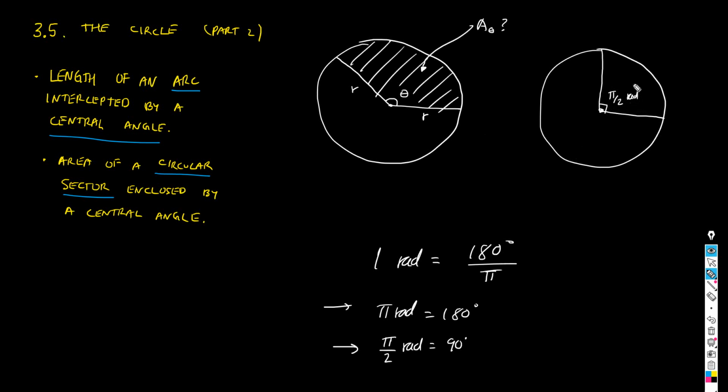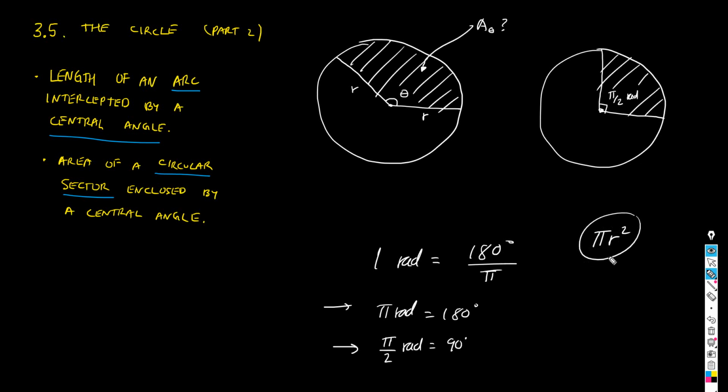Perfect. Now, since this is a quarter of a full circle, what is the area of this sector, guys? Do we know it? Can we know it? This is just a quarter of the area of the full circle. So it's very simple to find. The area of the whole circle is equal to pi r squared, as you may know by now.